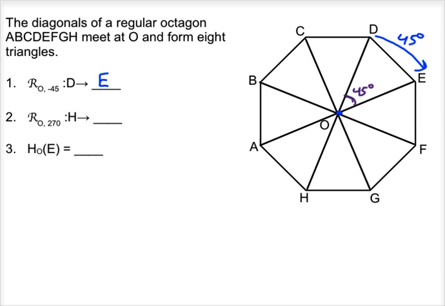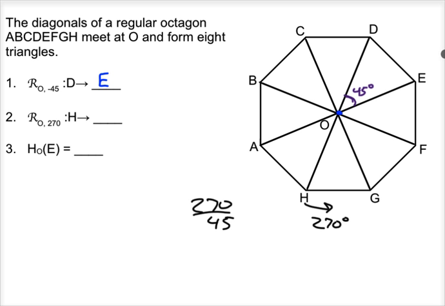Number 2, what if I would do a rotation with O as my center? I start at H and I go 270 degrees. So 270 degrees, I'm going to go clockwise. The easiest thing for me to think is, every time I go over one letter, it's a jump of 45 degrees. So what's 270 divided by 45?